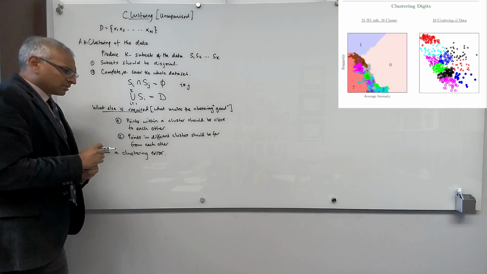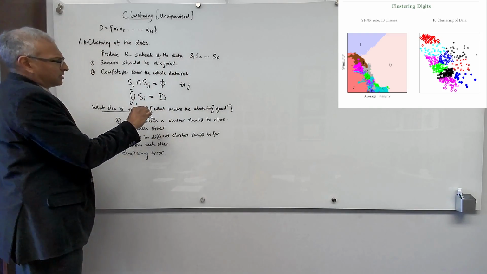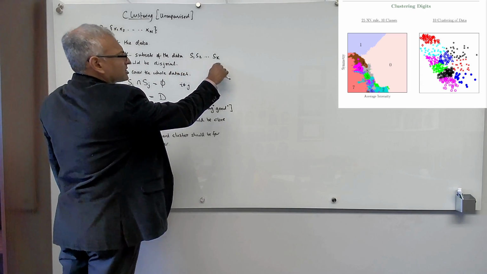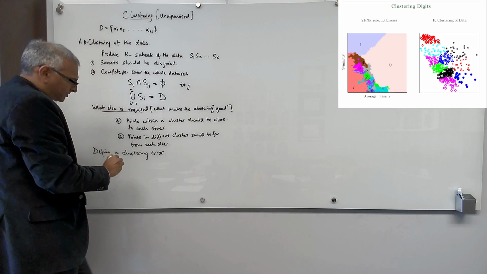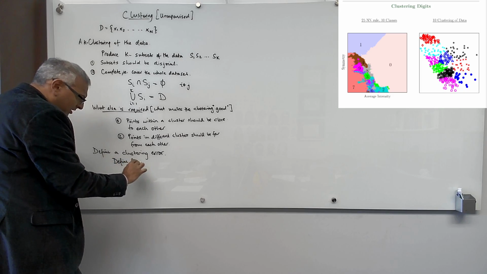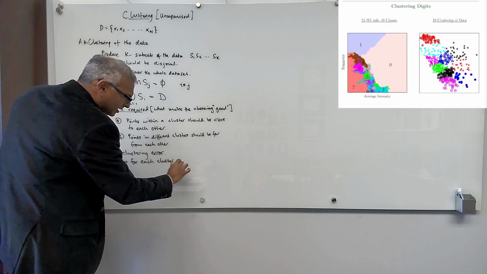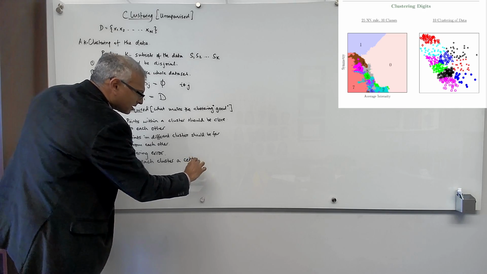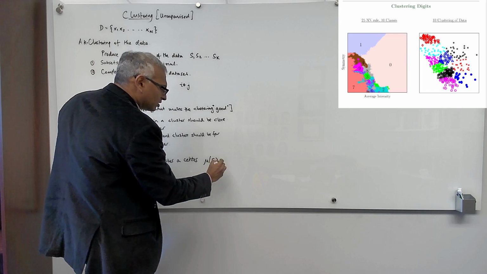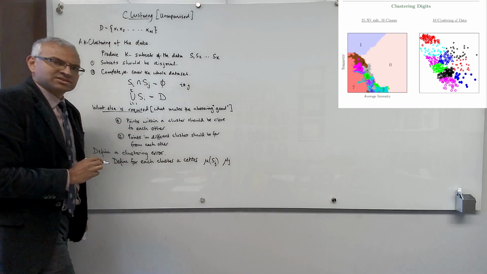So we can think of simultaneously defining for each cluster a center. Now we could call it mu of Sj for cluster J, or we'll just call it mu J, to indicate that it's the center for cluster J.